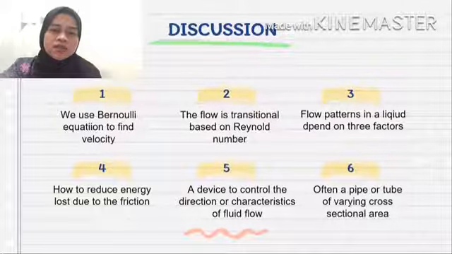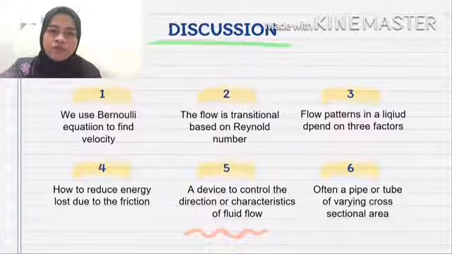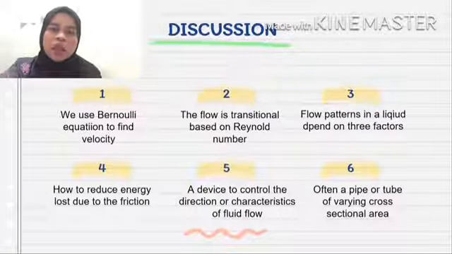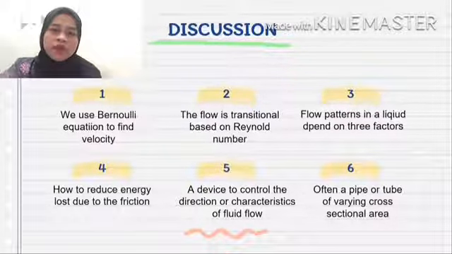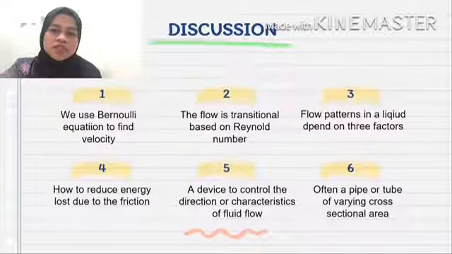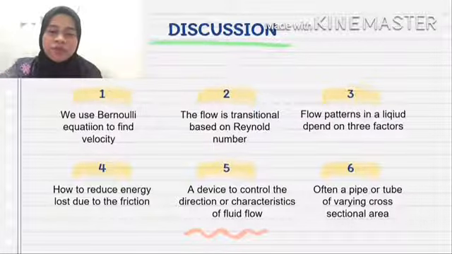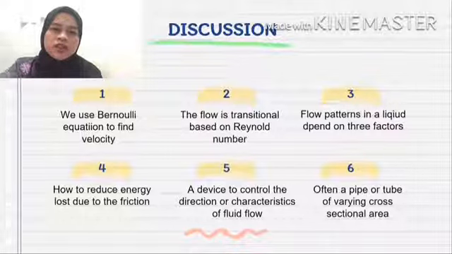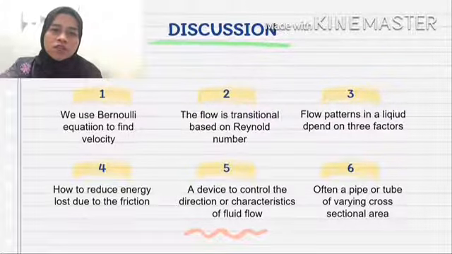Nozzles are frequently used to control the rate of flow, speed, direction, mass, shape, and the pressure of the stream that emerges from them. In a nozzle, the velocity of the fluid increases at the expense of its pressure energy.